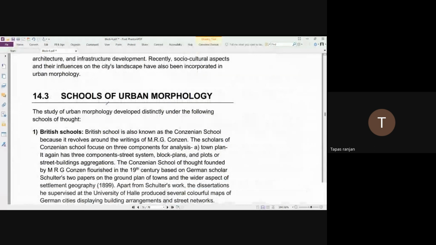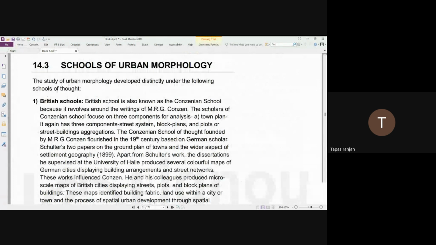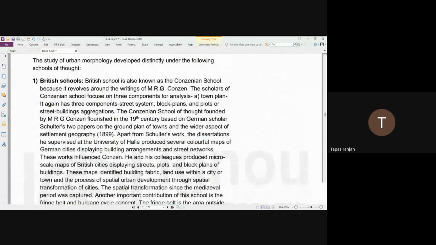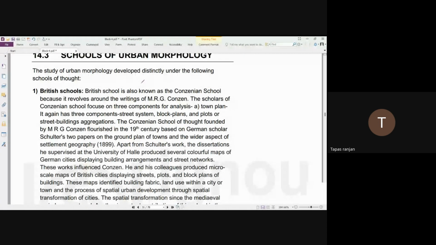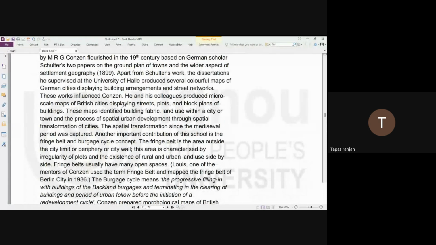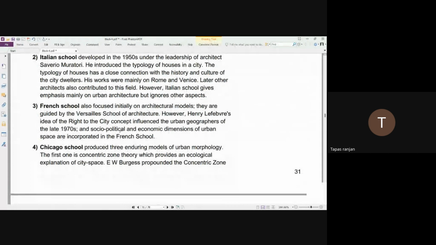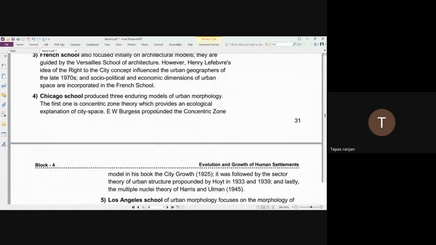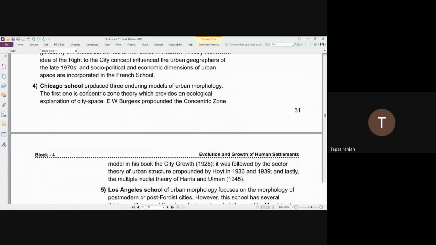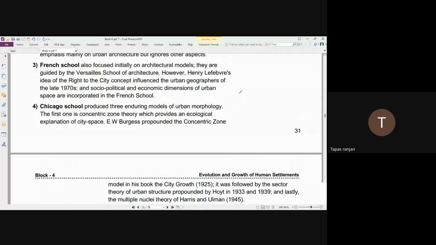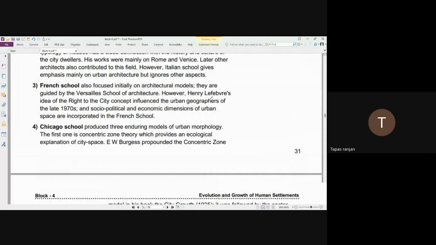So there are different schools of thought about urban morphology, and different geographers have given different viewpoints about the urban morphology, and different theories have also been given. I'm not discussing all these schools of thought. You can go through it. Okay, so there will be a few differences in which the French school of thought will be different from the Chicago school of thought.